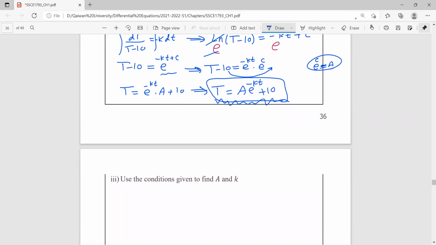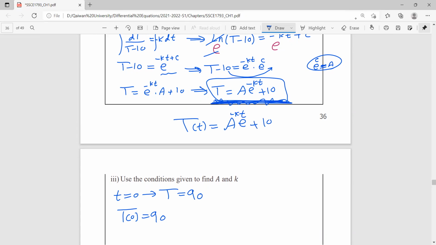The first condition is when little t is 0, then capital T is 90. That means T of 0 is 90. The equation which you got is T of t equals A e to the power minus Kt plus 10.